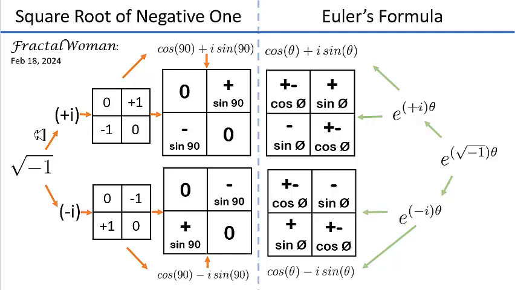As we know from studying i, i corresponds to a 90-degree rotation in the complex plane. So these two matrices are actually transformation matrices, and they correspond to 90-degree rotations.